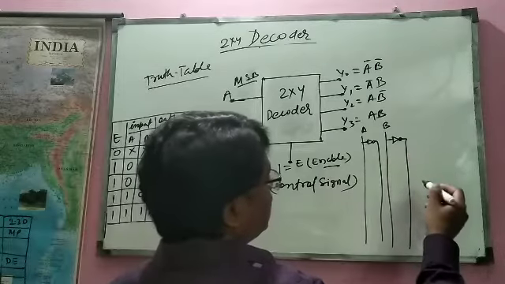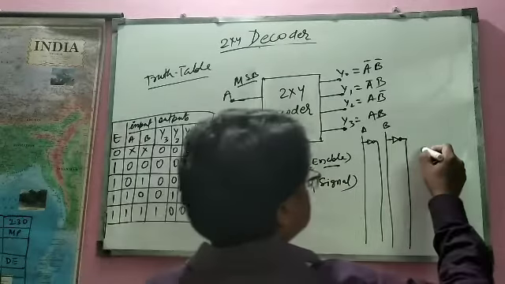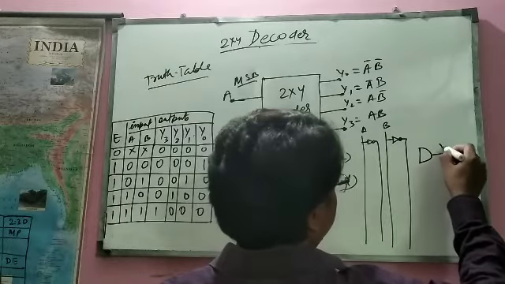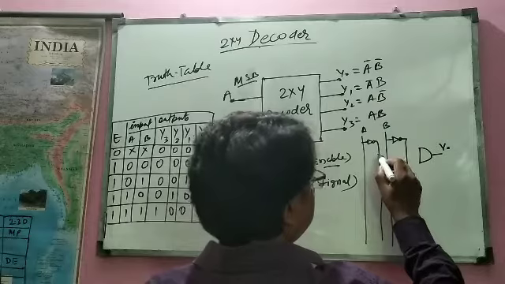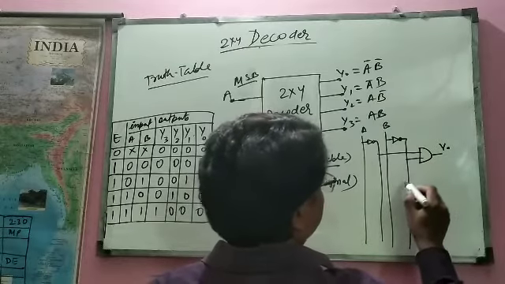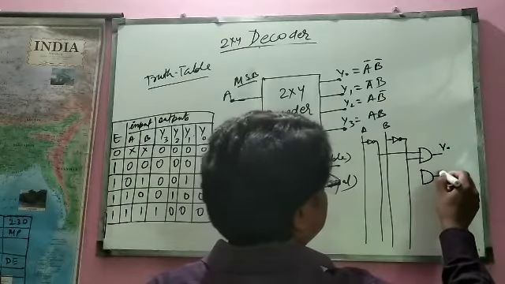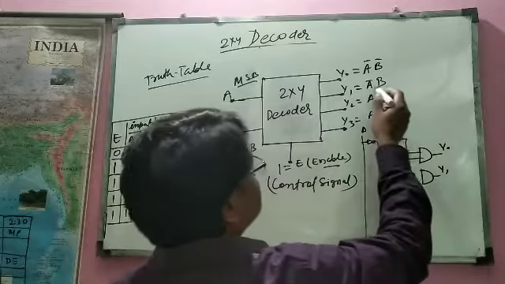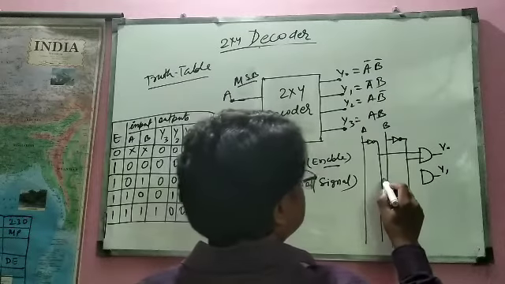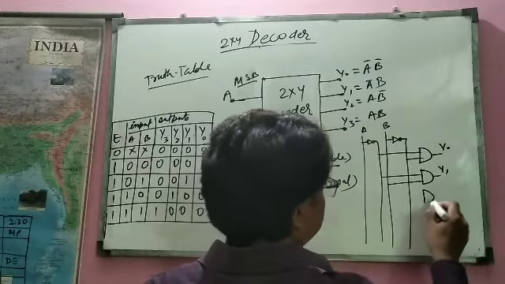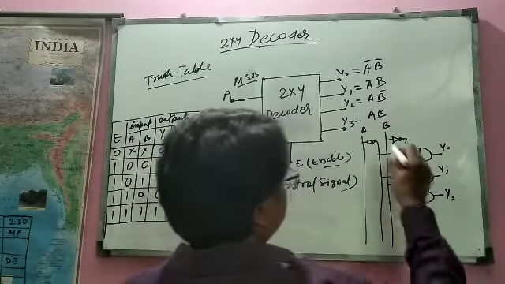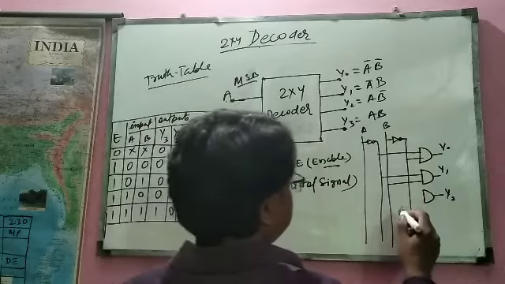And here y0, okay, y0 means A bar B bar. So this is A bar and this is B bar. y1 means this is A bar B. So this is A bar, this is B, and y2 means A B bar.